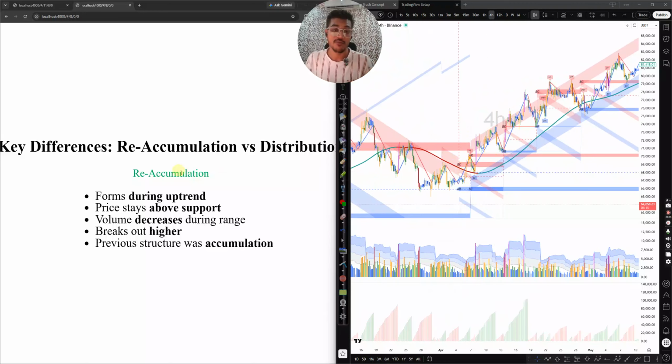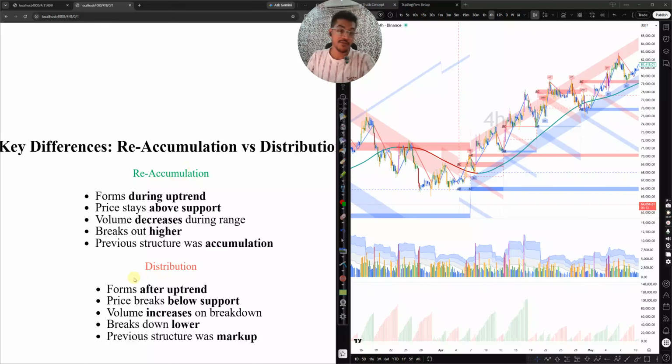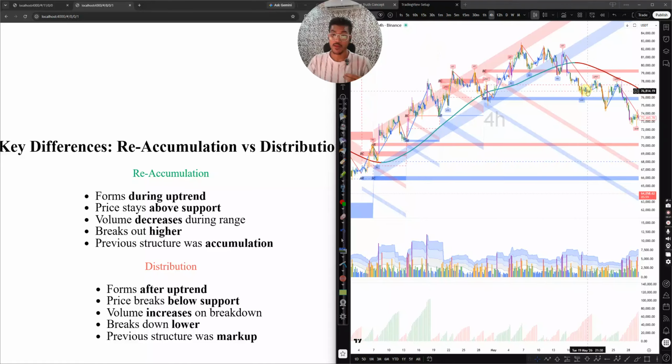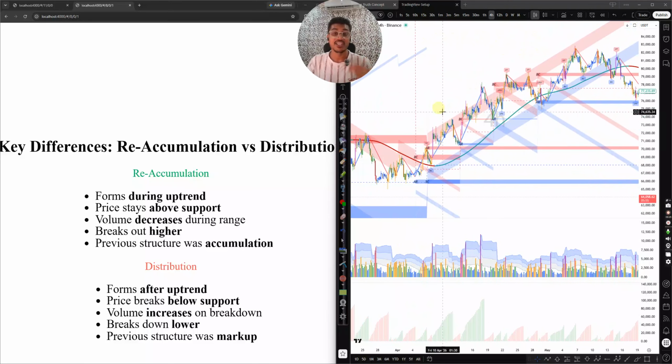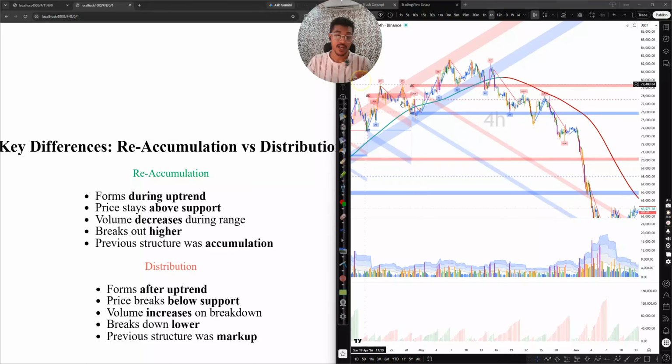the previous structure was accumulation. The key difference between reaccumulation and distribution is that distribution forms after an uptrend, whereas reaccumulation forms during an uptrend. In distribution, price breaks below the support, you see here, but in reaccumulation, price stays above the support. In distribution, volume increases on breakdown, right?